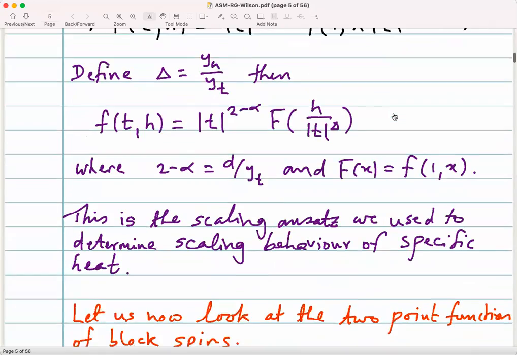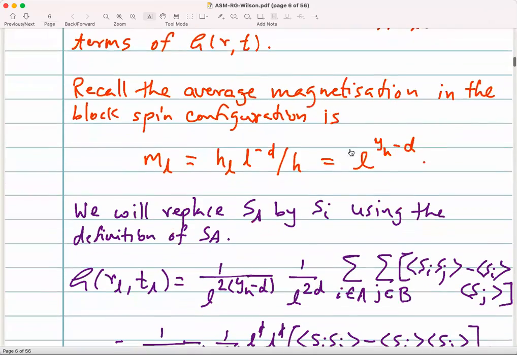So if you substitute that, the h will cancel out and it will go to L to the YH. So that gives you ML scaling as L to the YH minus D.